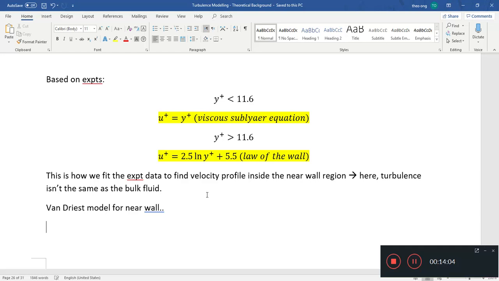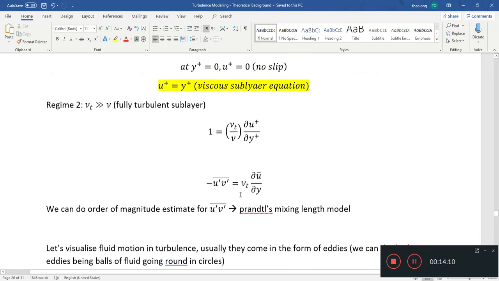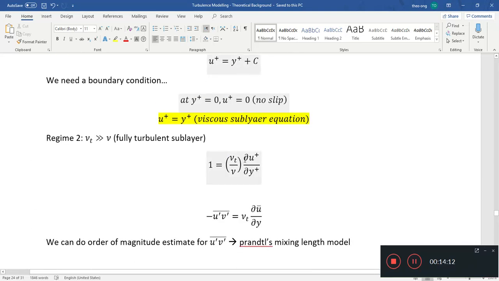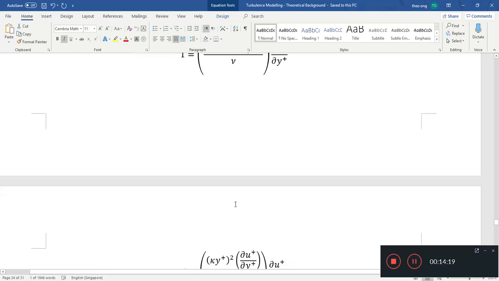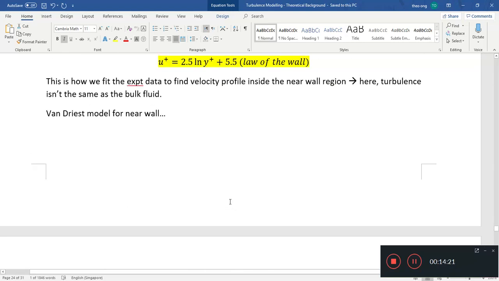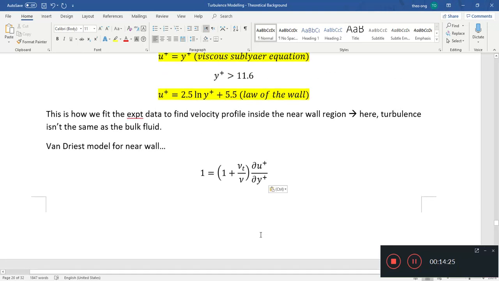Okay, so basically, where does it come from? Remember, this was the original equation that we started with, and so we have du dy.